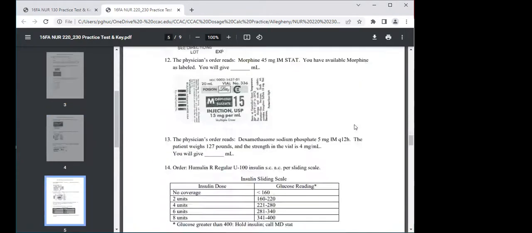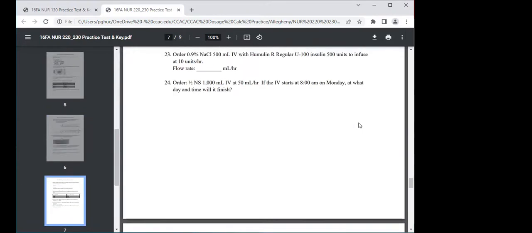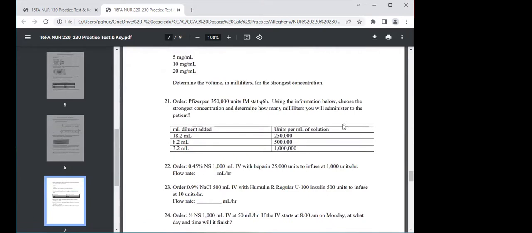As an example, in the Pfizer pen question, where it says 350,000 units and then says choose the strongest concentration, it's 1,000,000 units per milliliter. 350,000 divided by 1 million is 0.35. Your answer is 0.35. Do not round that to 0.4 because the number is less than 1.